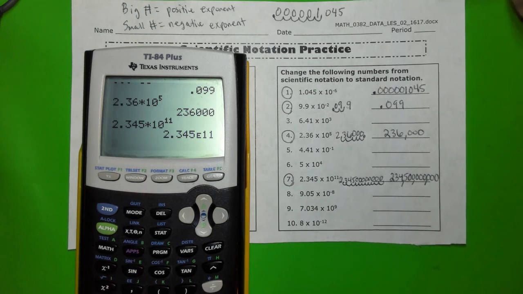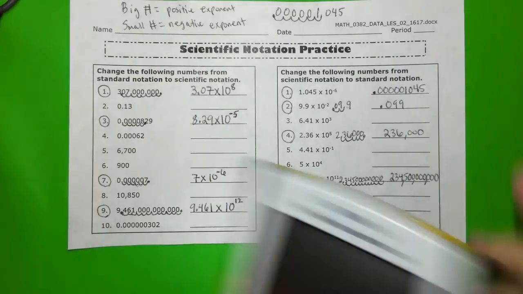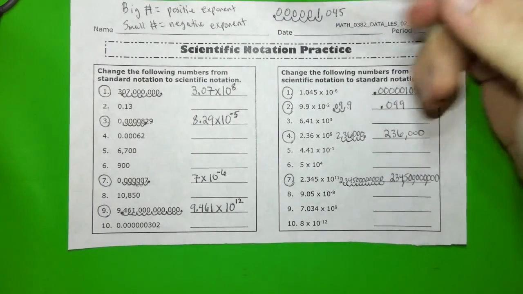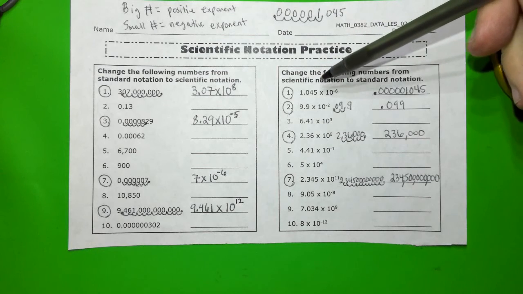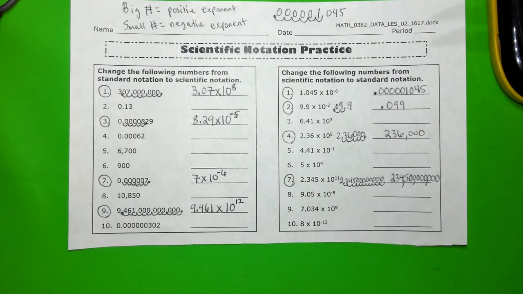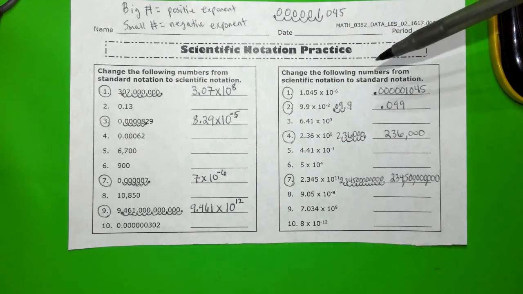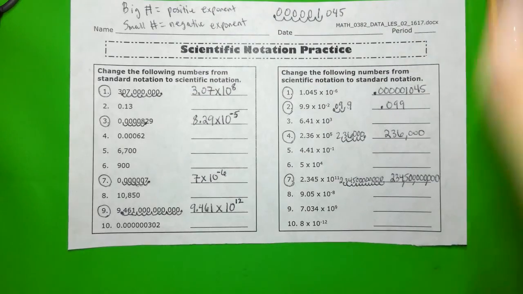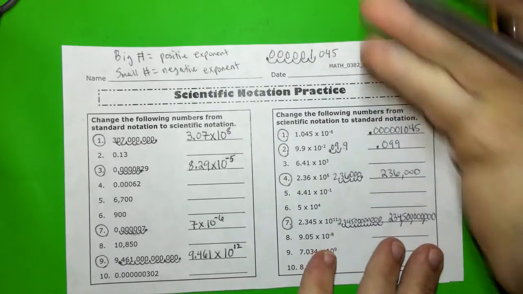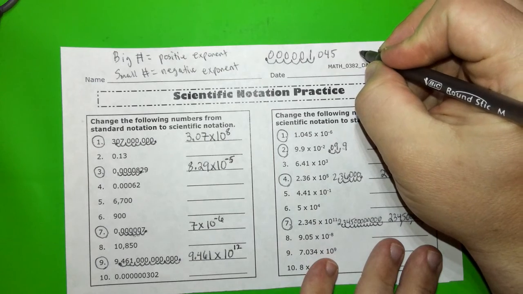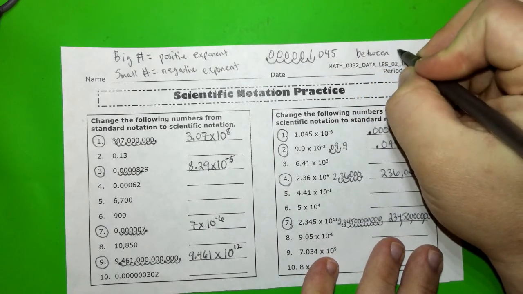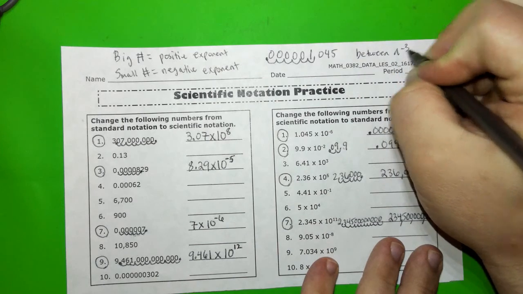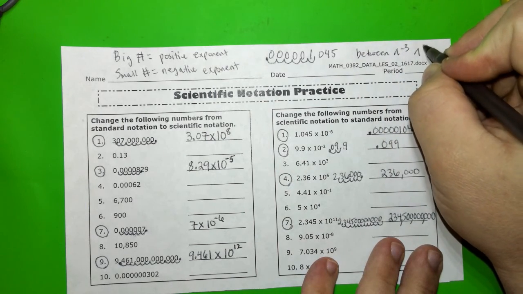Okay, and so now you have had some examples going from standard notation to scientific, and then once again going from scientific back to standard. This will be on your STAR test, okay? And remember that your parameters here for checking this in the calculator are an exponent between the negative 3rd and the 10th power.